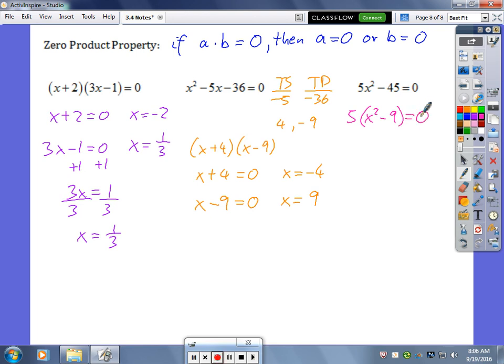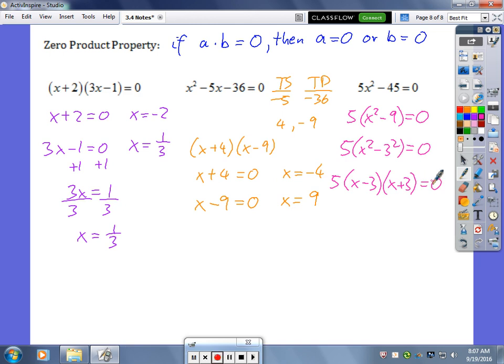Oh, and we see now in parentheses we have a difference of perfect squares. We have x squared minus 3 squared in parentheses. In other words, we can use our pattern that we just learned to tell us that the factored form is 5 times x minus 3 times x plus 3.